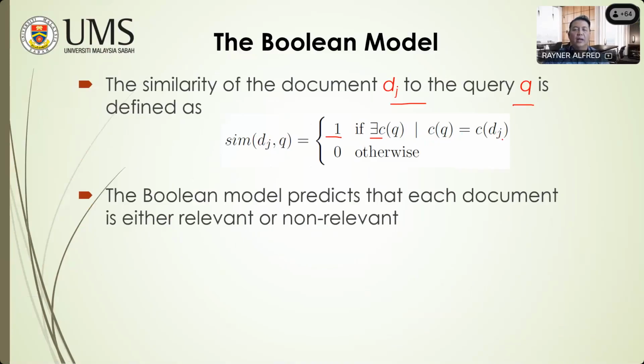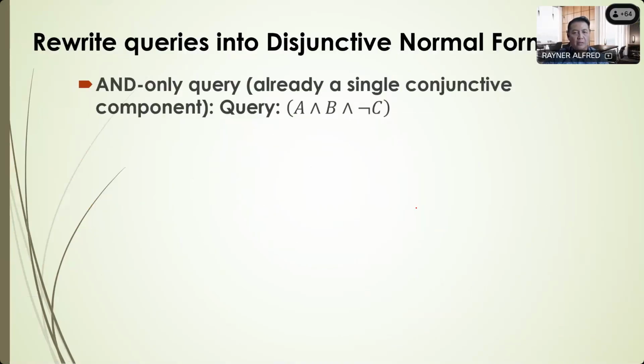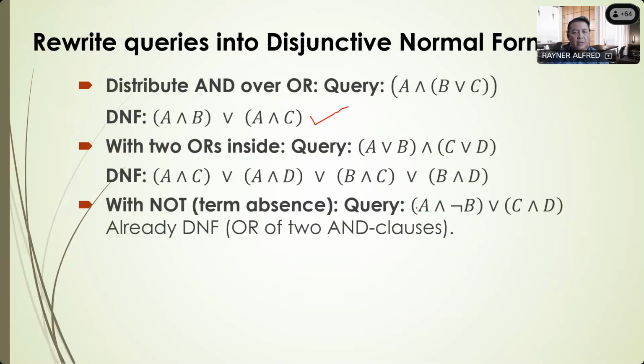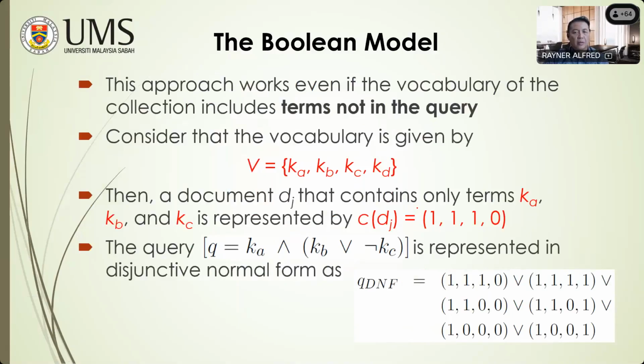So basically, we are looking at exact matching only. For example, like here. If we have this document with keywords A, B, C, D, and we have this query, all the patterns that match with this will be true. So since they're matching, you have the value 1.